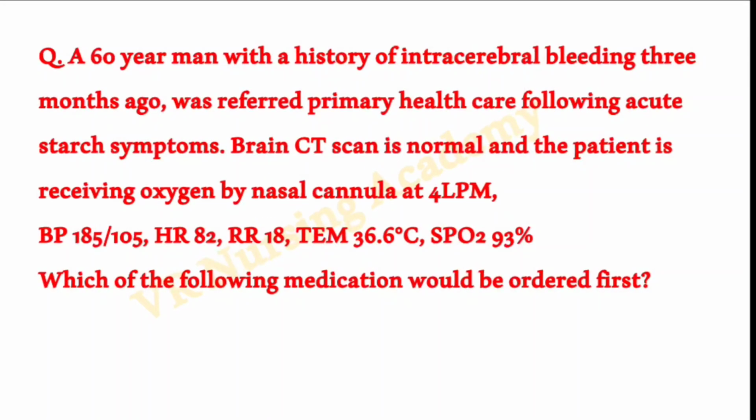Next question. A 60-year-old man with a history of intracerebral bleeding 3 months ago was referred to primary health care following acute onset of symptoms. Brain CT scan is normal and the patient is receiving oxygen by nasal cannula at 4 liters per minute, BP 185 by 105, heart rate 82, respiratory rate 18, temperature 36.6 degrees Celsius, SpO2 93%.